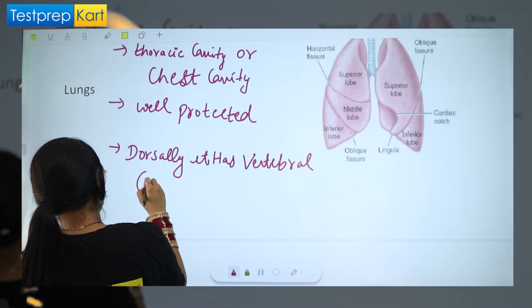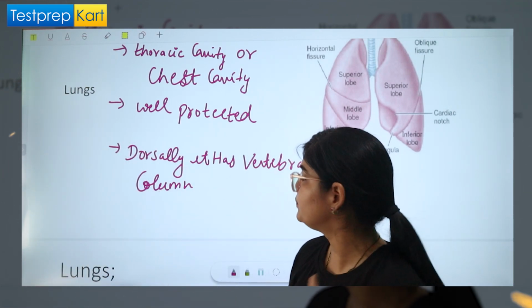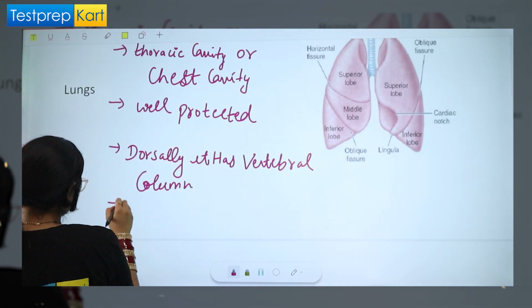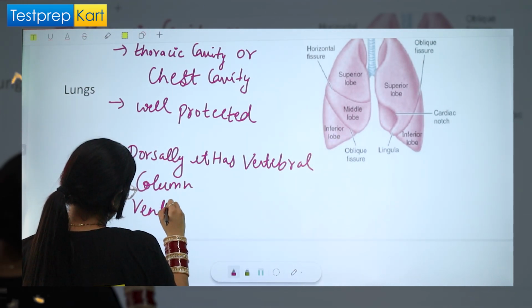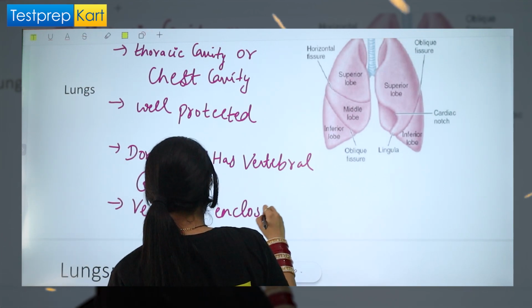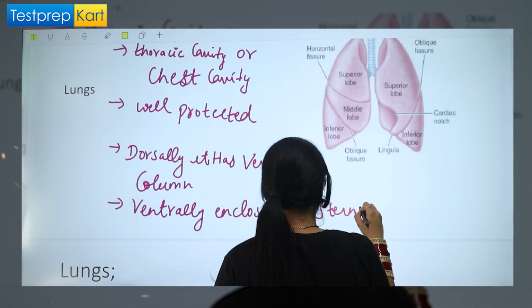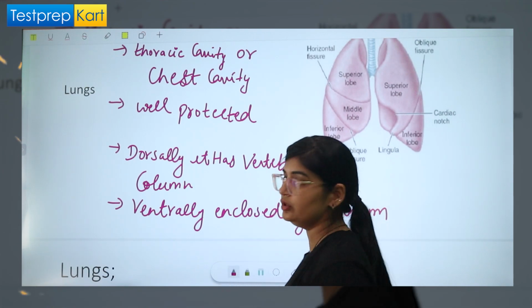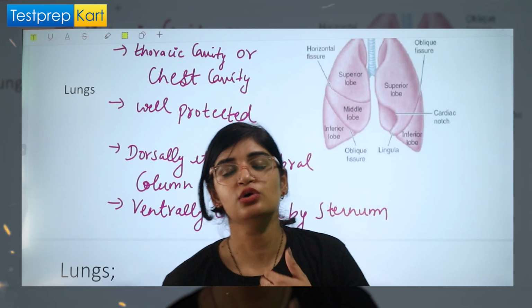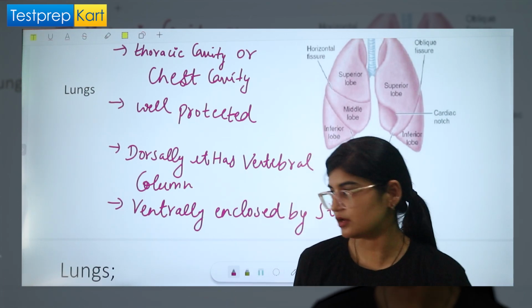Dorsally the lungs are covered by the vertebral column or backbone. Ventrally we have the sternum, enclosed by the sternum. The sternum is a flat bone present at the ventral part. So dorsally we have the vertebral column, ventrally we have the sternum.